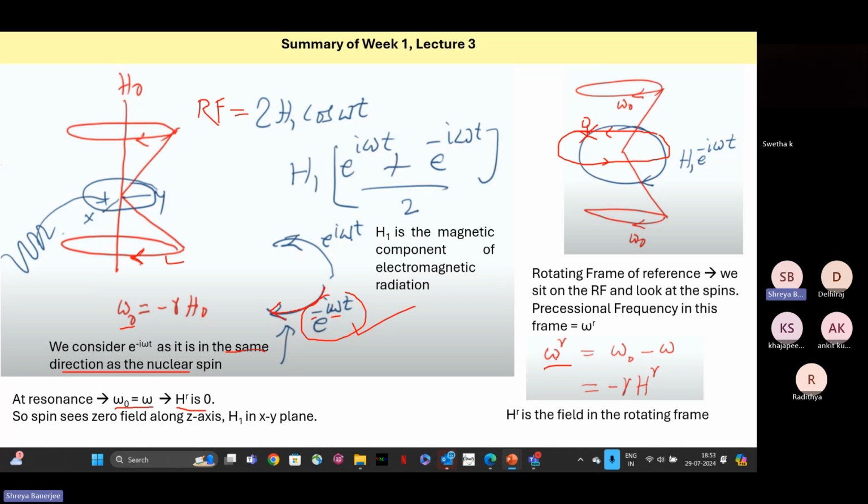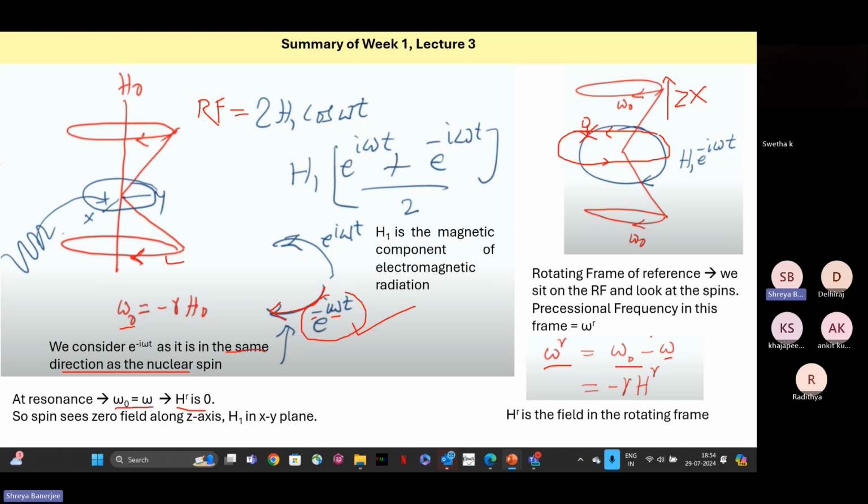So the spin seen by the observer is 0. Any magnetic field in the z direction is getting cancelled out because the observer is also rotating with a frequency omega, and the Larmor frequency is also precessing with a frequency omega naught.